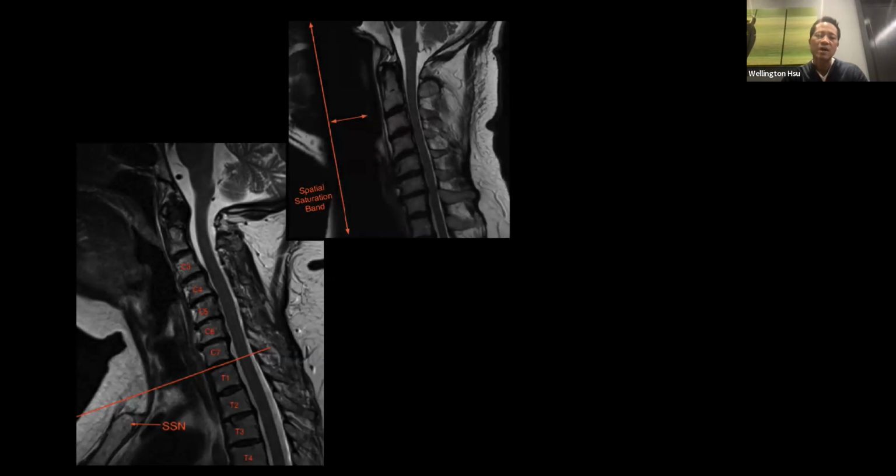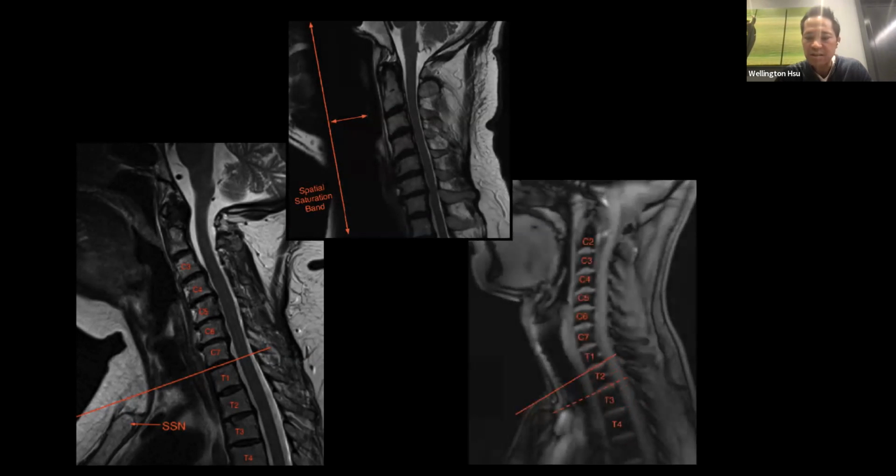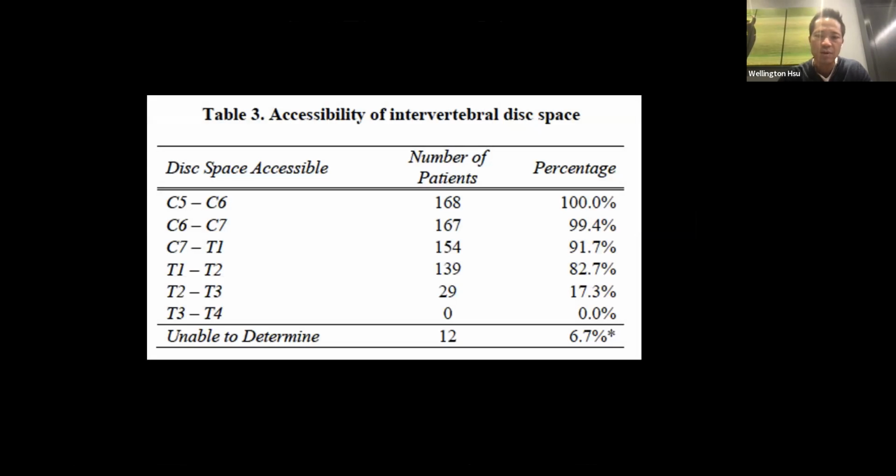But this is how most MRIs present. They have this spatial saturation band, so it's impossible to know where the clavicle is. So using a scout film where there is no saturation band, one can easily identify where that suprasternal notch is and then calculate whether you can access it through a T1-T2, or in this case, even T2-T3.